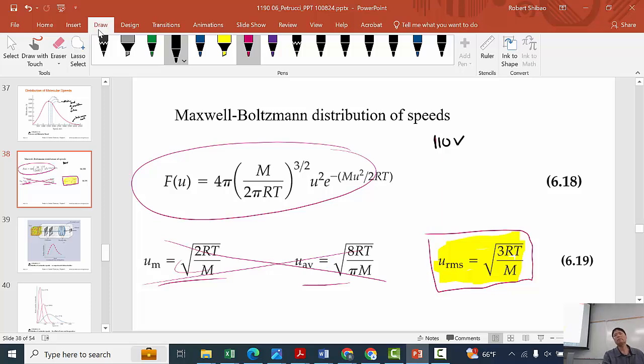And so you have 110 volts coming out, but it's not 110 volts. This is the RMS voltage. That's because we have AC current, alternating current.